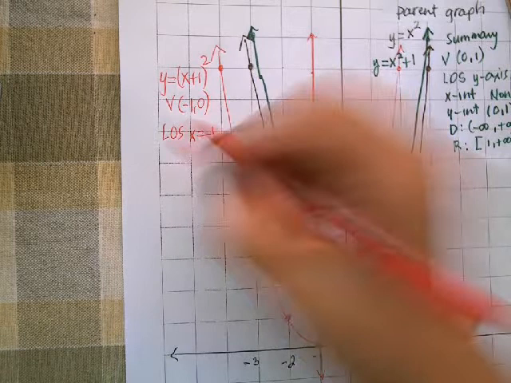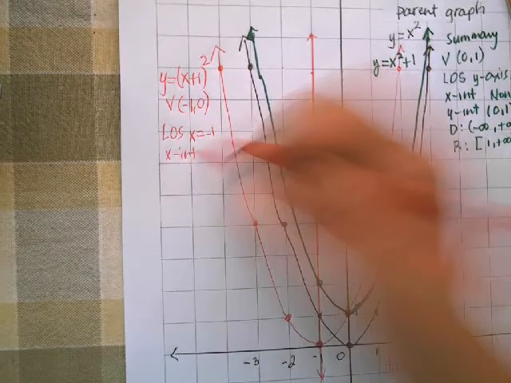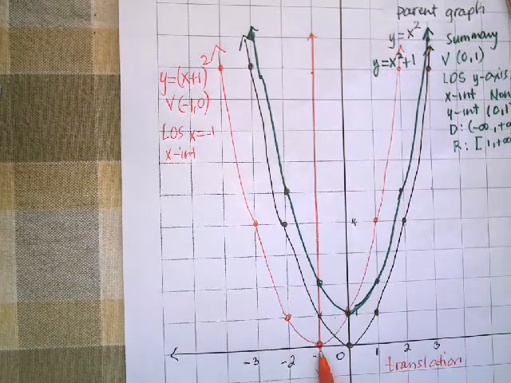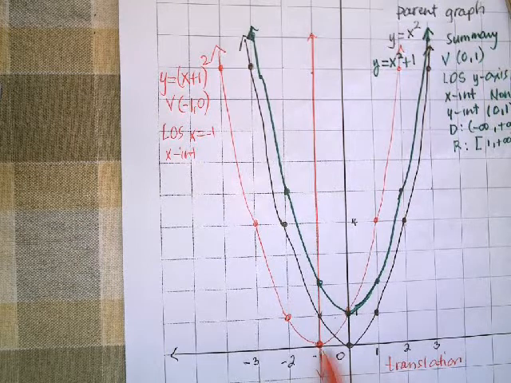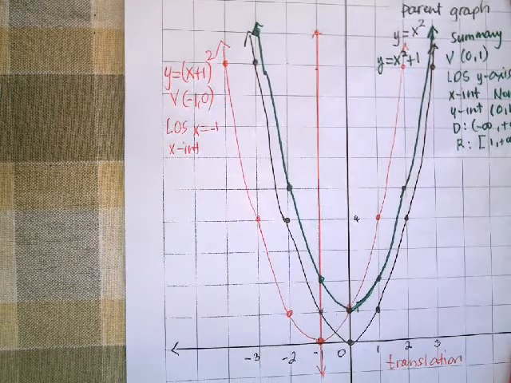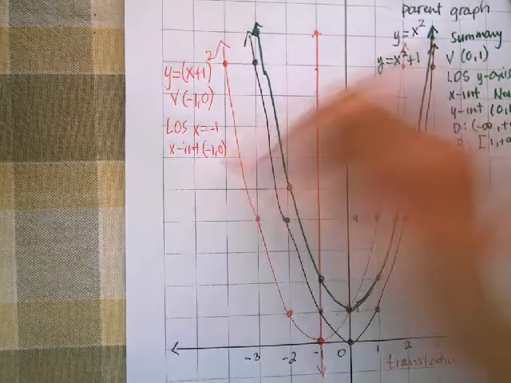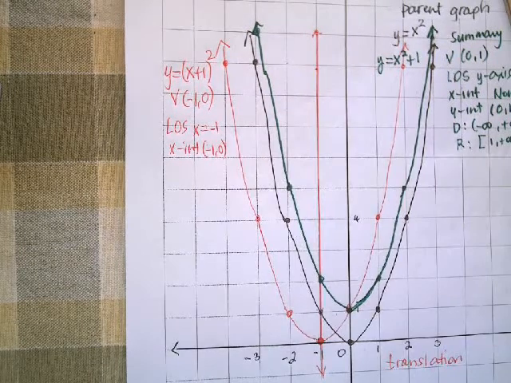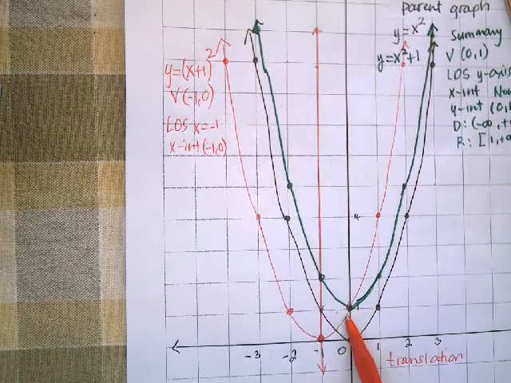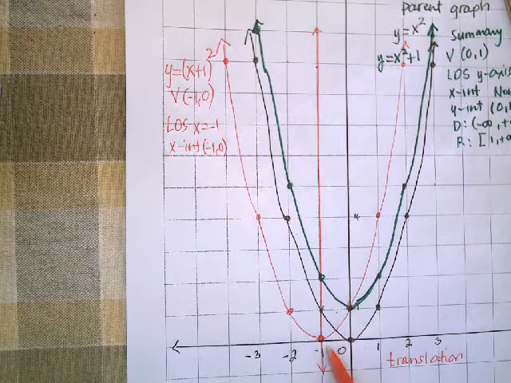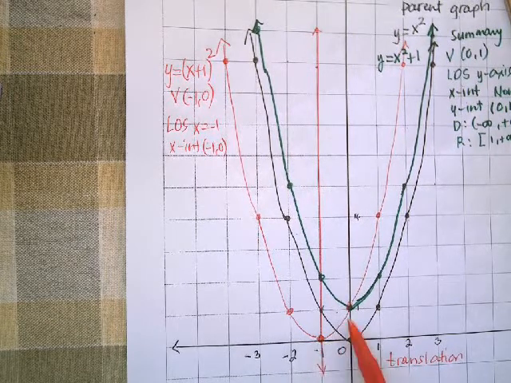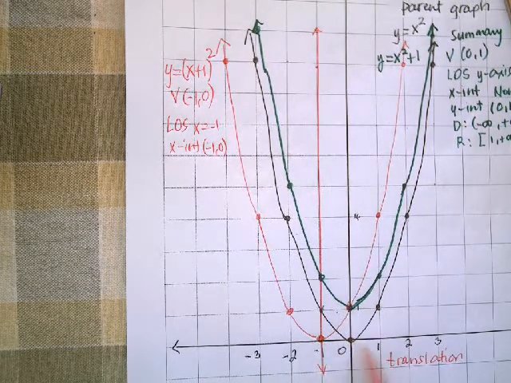Then the x-intercept: where is your x-intercept? It is at negative 1, 0. It crosses your x-axis. Where is your y-intercept? Where did the graph cross the y-axis? Here on this point. Here is the x-axis, here is the y-axis, so 0, 1.